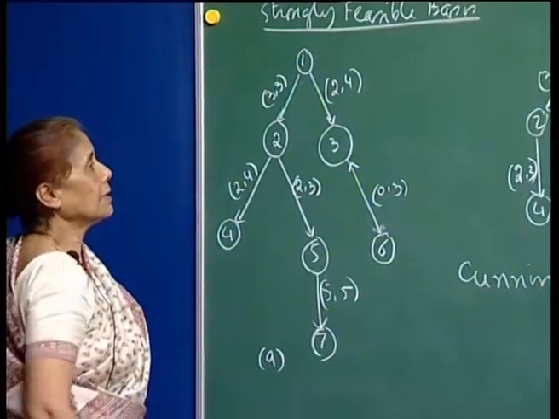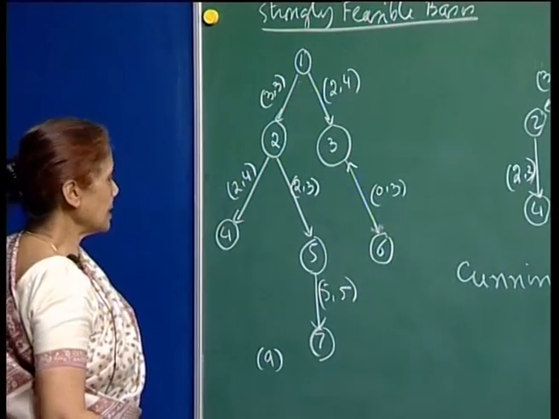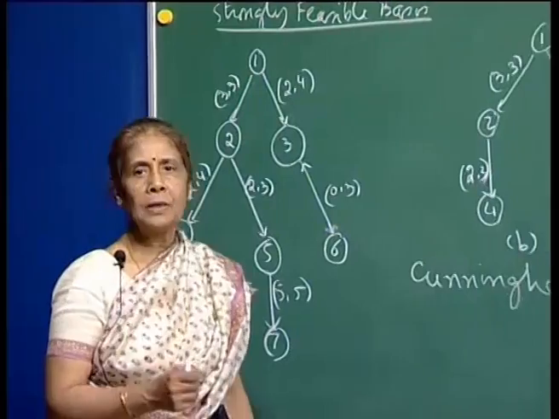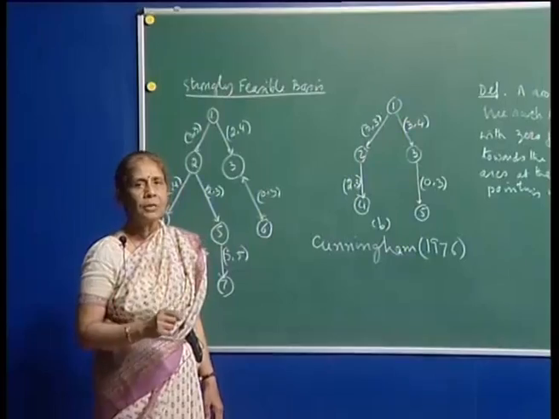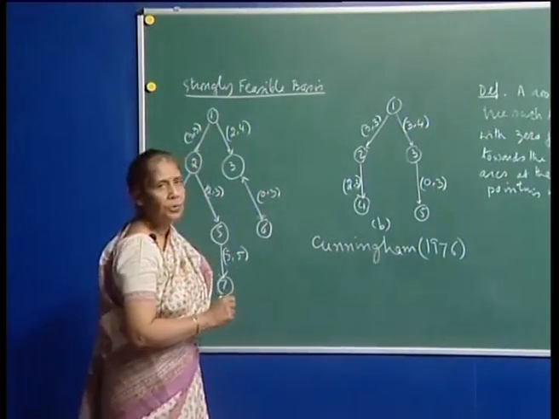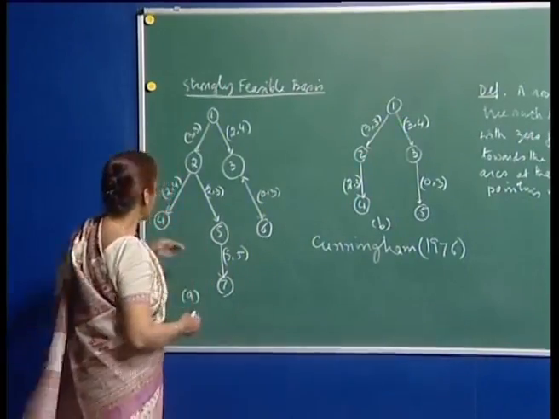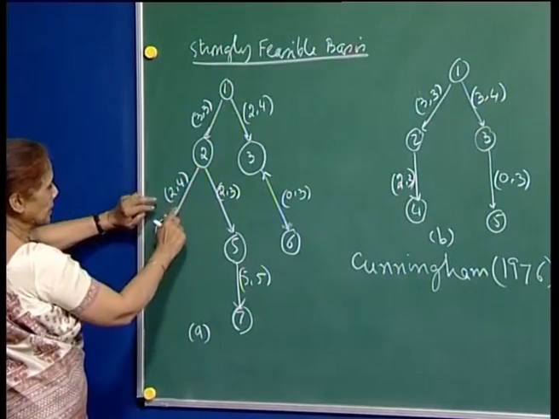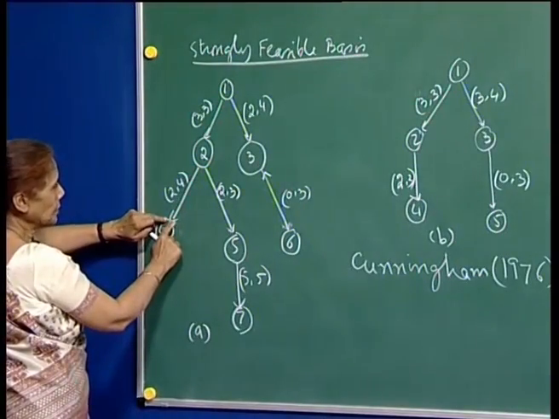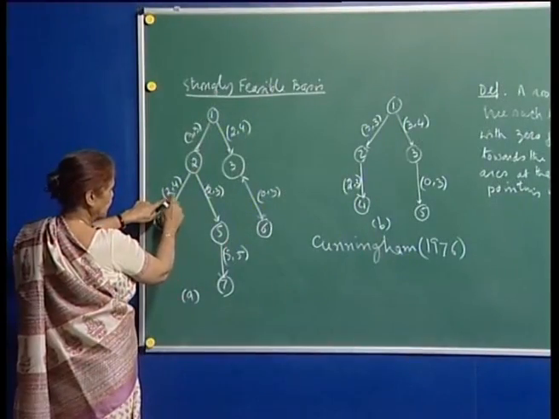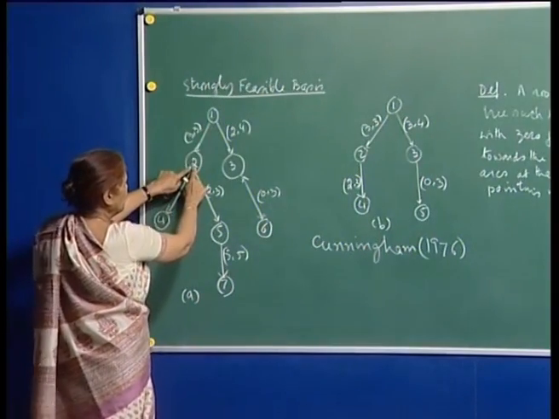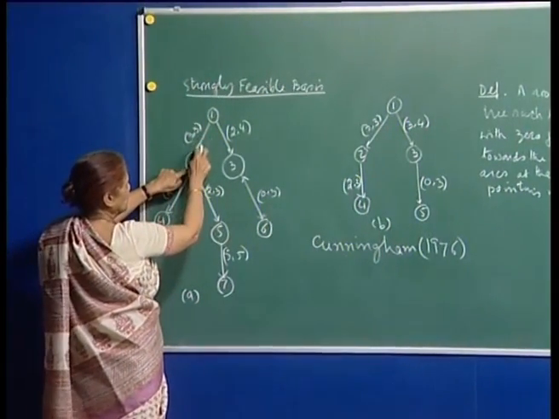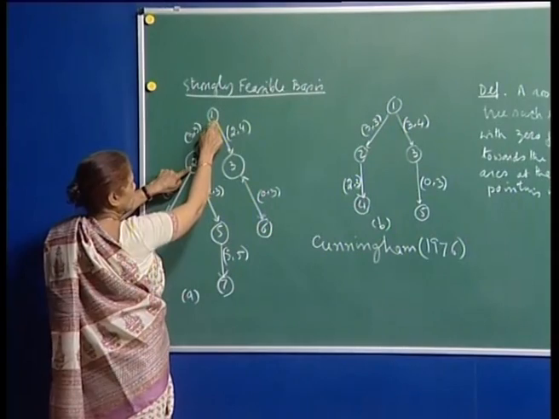And the idea is that another way to define a strongly feasible basis is that from every node of the tree you should be able to send positive flow to the root. And you see that immediately from here, for example, I can send a positive flow of 2 units because you already have 2 units here. So, this flow will get reduced, it is possible to do it. Then from here, because again you have 3 units in this direction, I can send 2 units here, right.